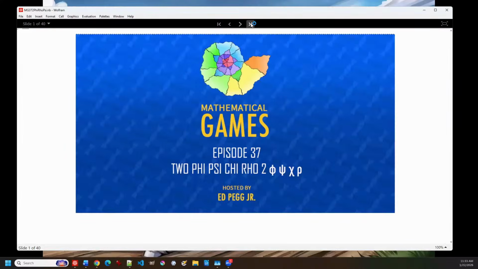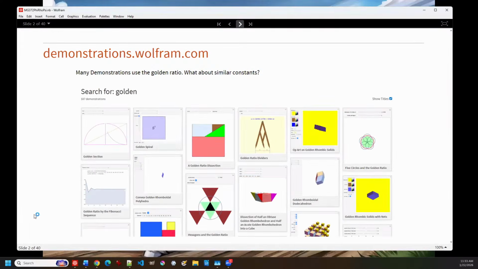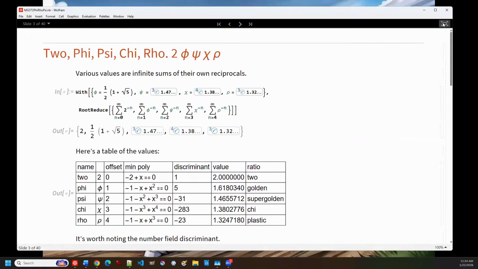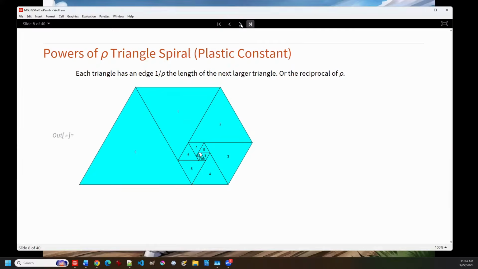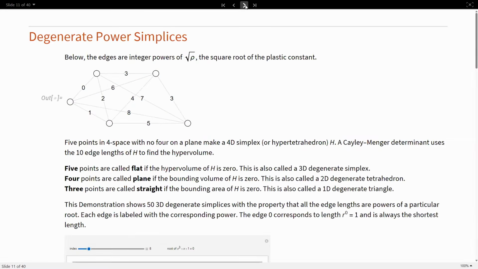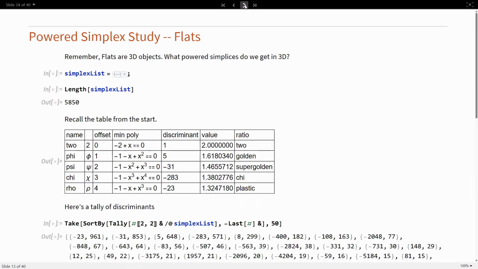Where was I here? I forget how to go to a particular slide. Just a moment. Yes, clicking inside one of the manipulates doesn't help things. Almost there.